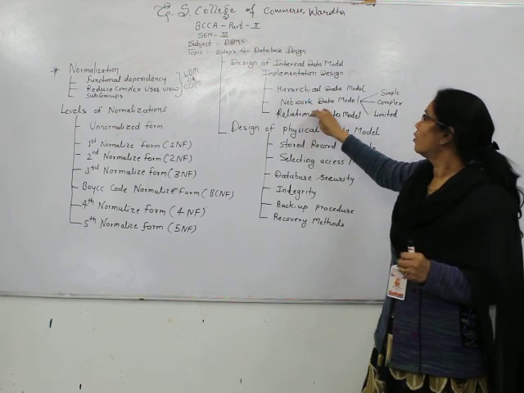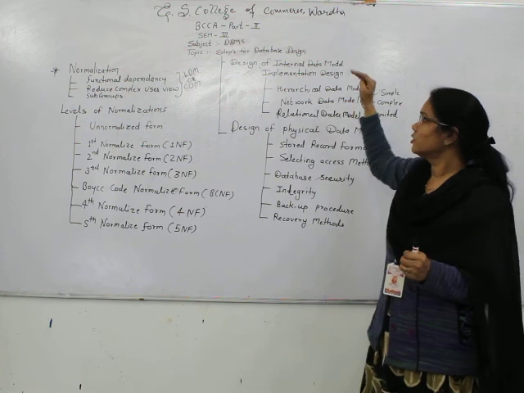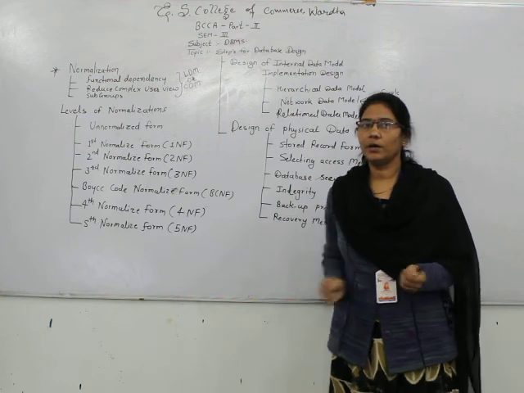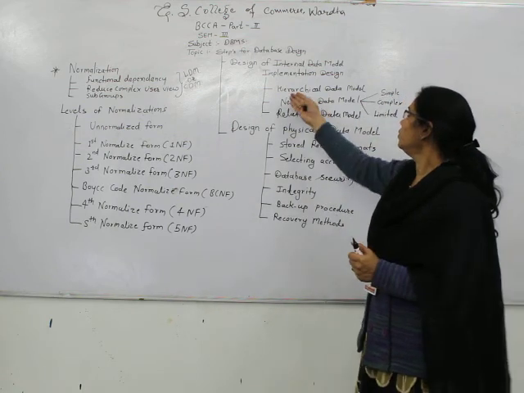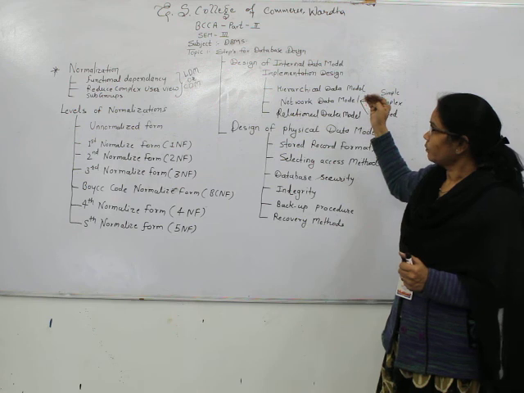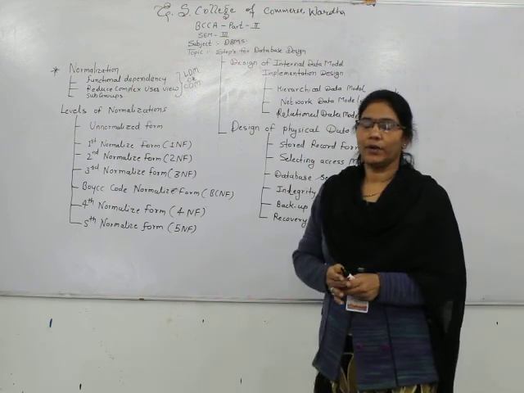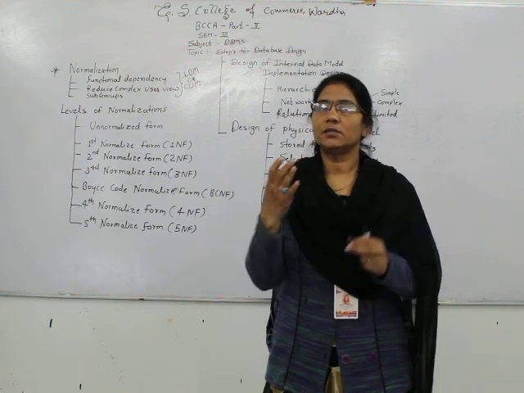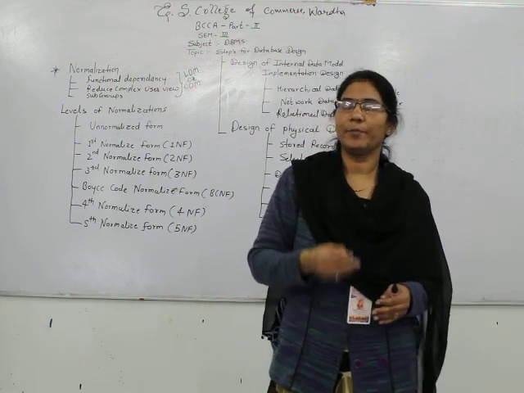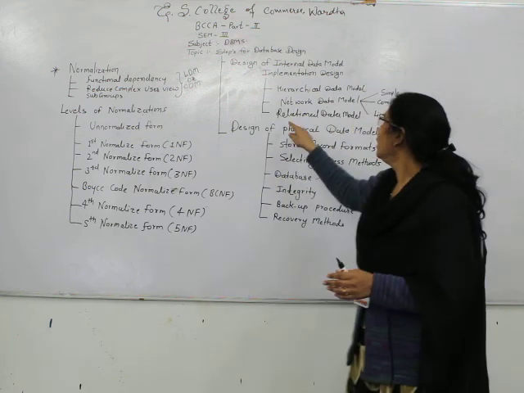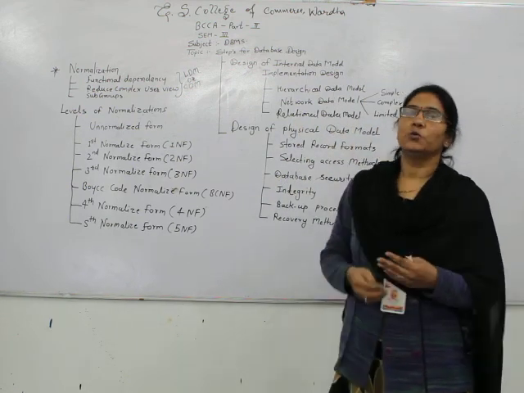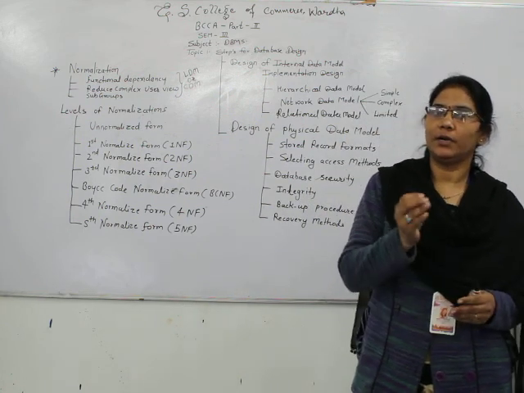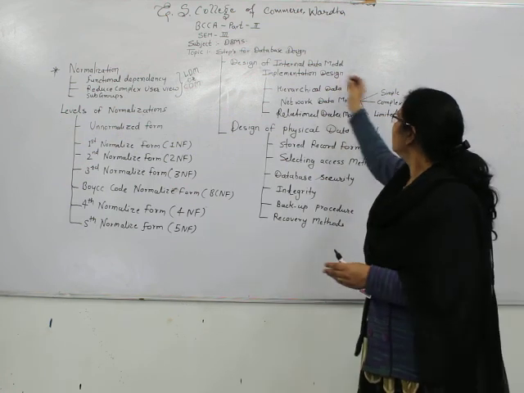Whatever rules and regulations are provided by this mapping, we have to convert our conceptual data model accordingly. So when we design our database, in the third step, we have to map our relations. Relations means our tables, our databases, with their associations, and we have to map that data with these 3.